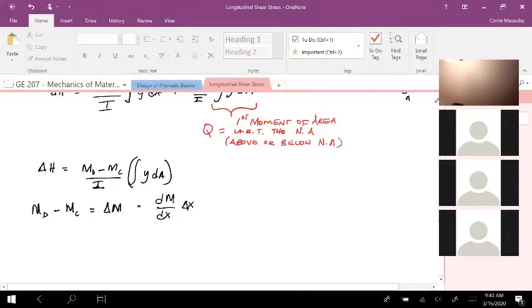So if I take the derivative of the moment, what is that? Shear. It's the shear, exactly. So basically dM/dx is equal to V, which is the shear that we've been talking about all along. That's the shear along the cross section, delta x.